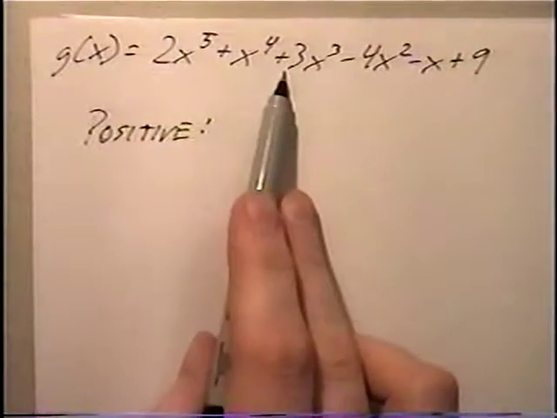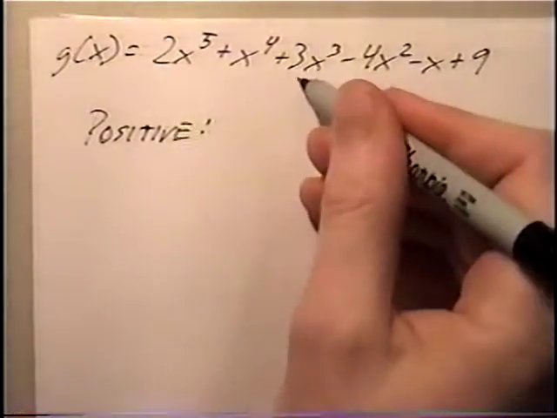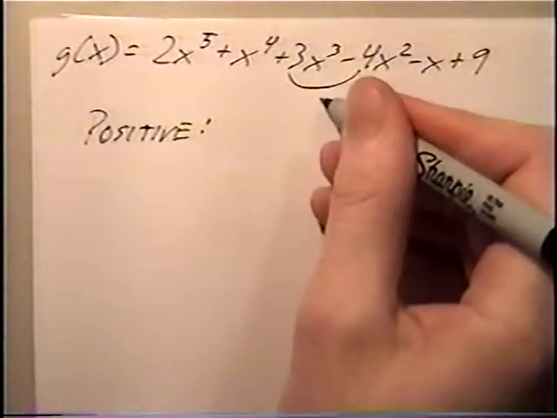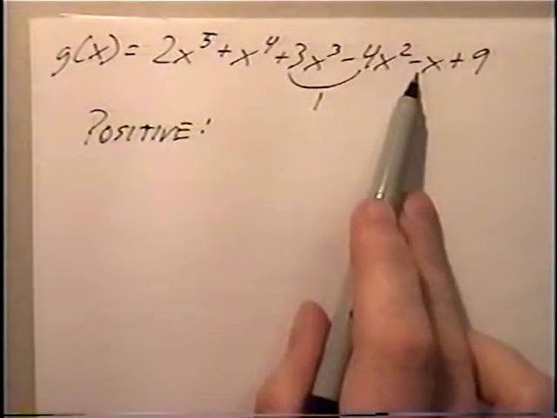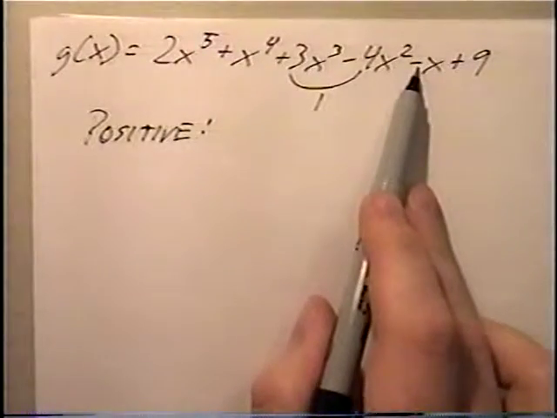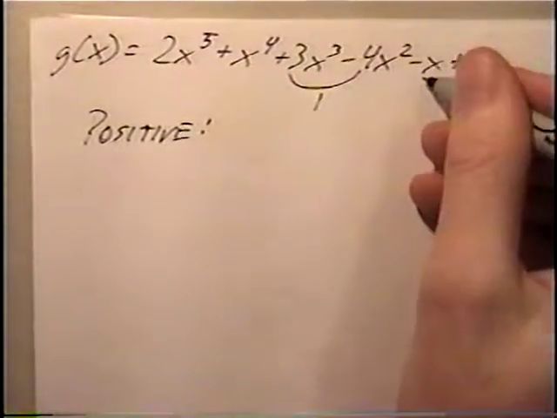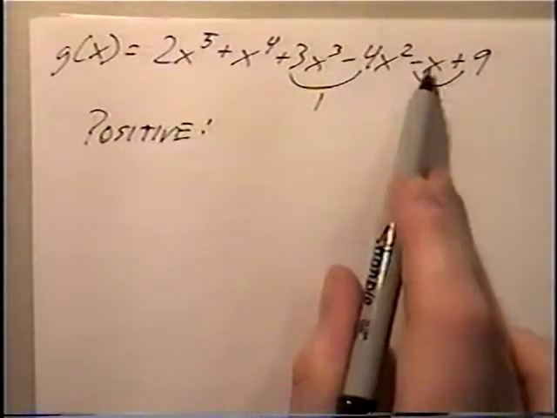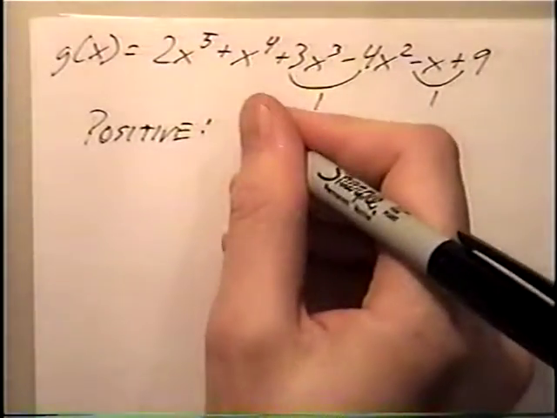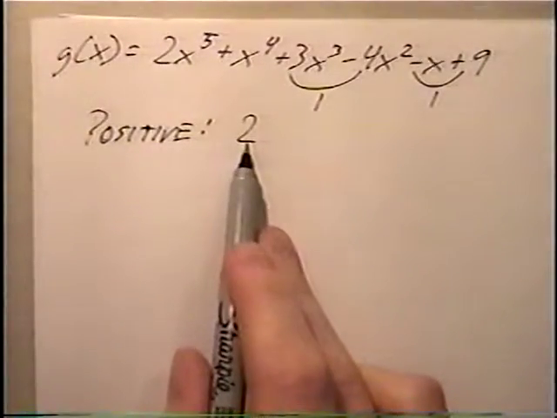Positive 1 to positive 3 does not change. Positive 3 to negative 4, that does change from positive to negative. Negative 4 to negative 1 does not change. And negative 1 to positive 9 does change. So again, 2 sign changes. So there are 2 positive zeros.